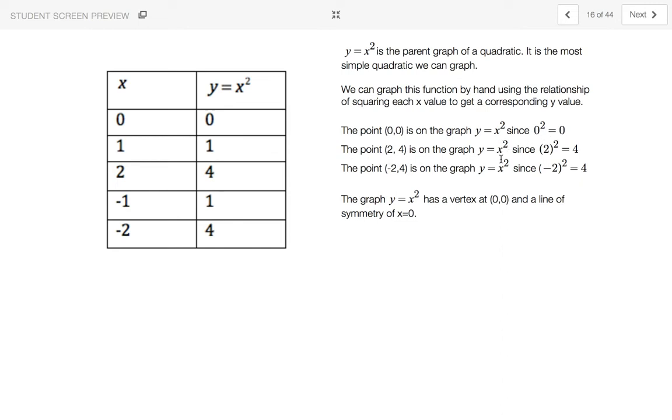The point 2, 4 is on the graph because if x is 2, that squared is 4, so it's this point, and so forth. So you could plug these in and you would graph it by hand. Okay.